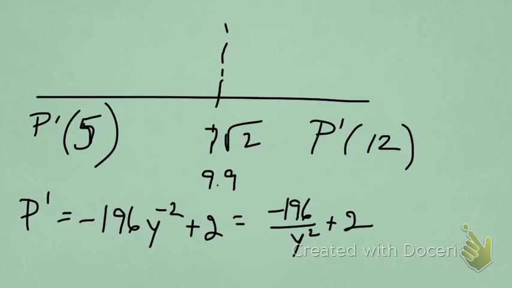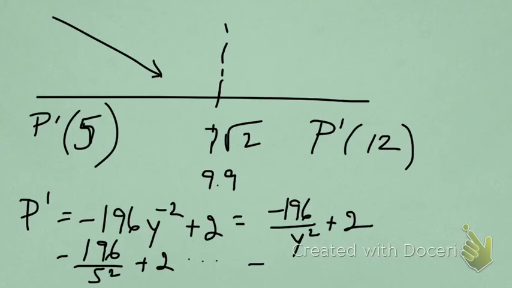I'm not sure what that is, but I know it's more negative than 2 is positive. I know that if I do plug 5 in, negative 196 over 5 squared plus 2, whatever that is, it's going to be negative. So what that tells me is that our function is decreasing here.